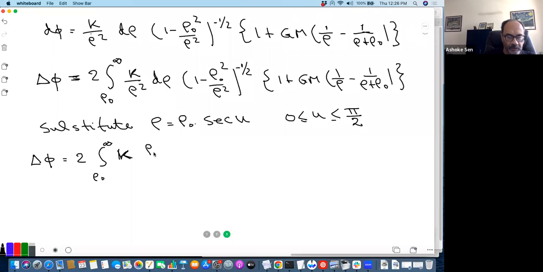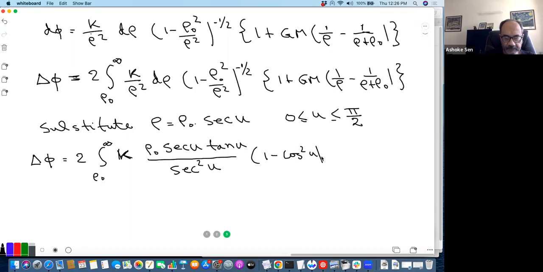So rho 0 times sec u tan u over sec square u. Here you have 1 minus cos square, right? Minus half. Yeah, because rho 0 over rho is 1 over sec, that's cos.